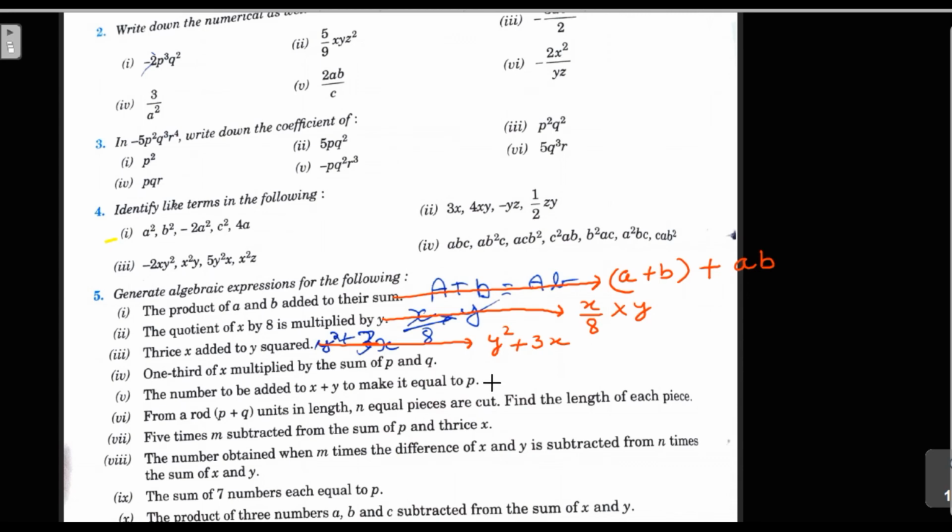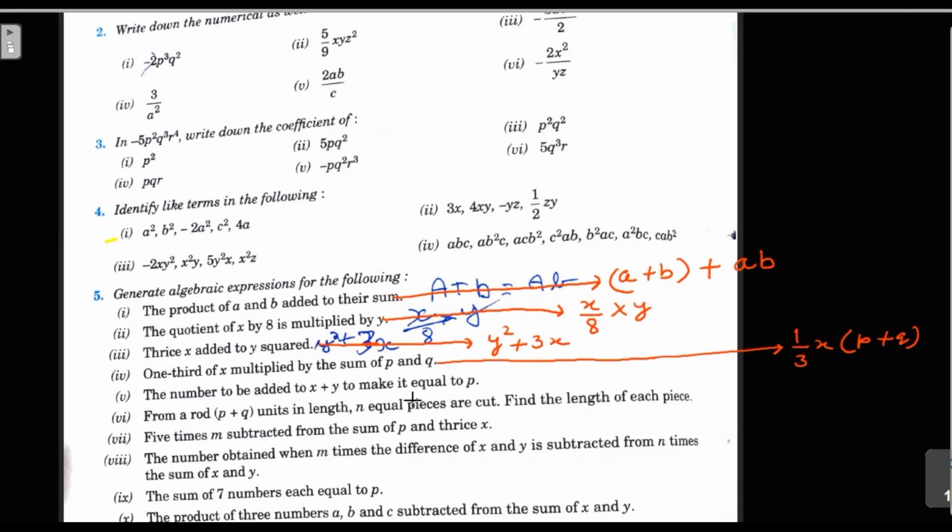Right, 1/3 of x multiplied by the sum of p and q. I am going to solve it here. 1/3 of x, 1 by 3x, is multiplied by the sum of p and q, which is p plus q. Right.